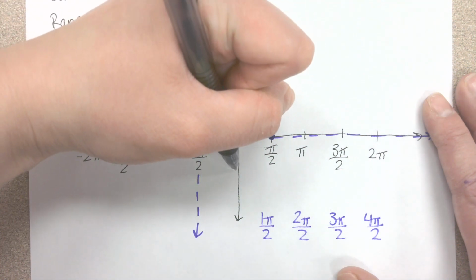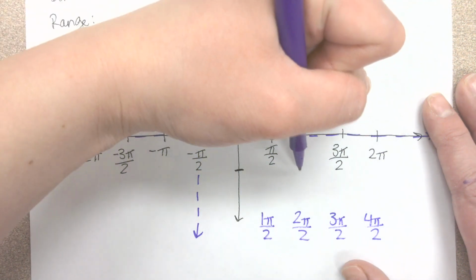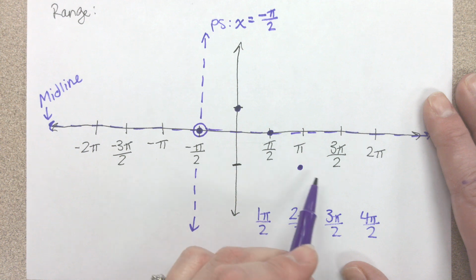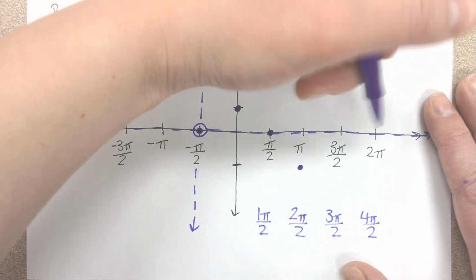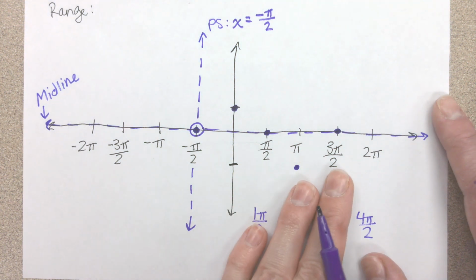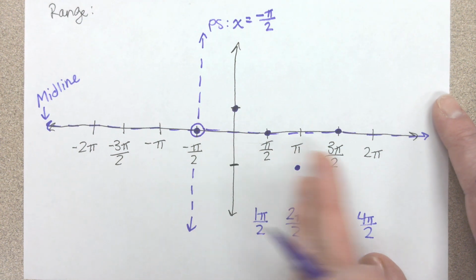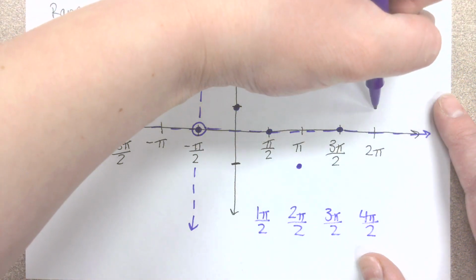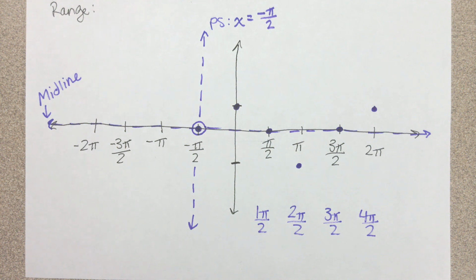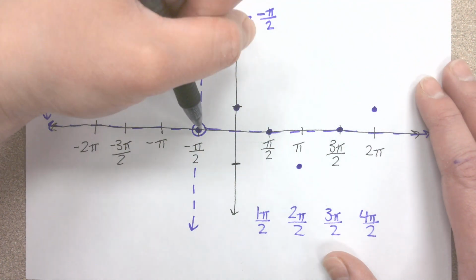So positive 1 and negative 1 for our max and min. So second interval here, technically our third one, minimum. Back up to the midline for the fourth one. And then we are going to go a little further than we normally do because of that phase shift, so we're actually going to have 5 points to the right. Back up to the maximum for this last point. Then we sketch the graph from there.